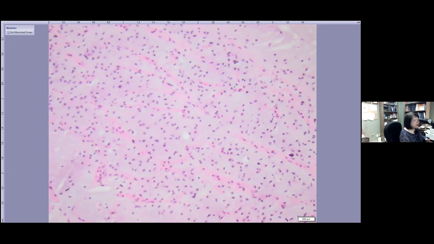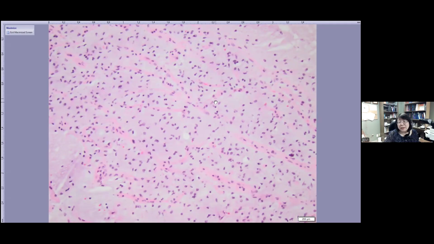Cells are spindly. Now we can see those pink vessels better here, thin walled angulated vessels, and we call this chicken wire appearance, in a very mixed background, even a mucin pool.